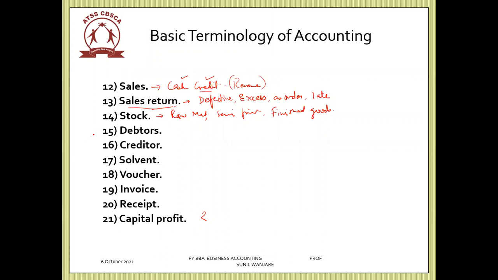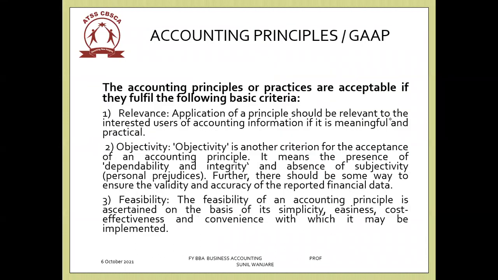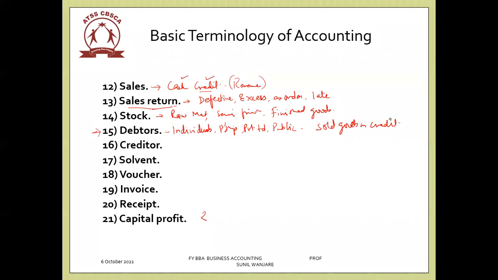Then we have debtors as the next concept that we have to learn today. What is debtors? Debtors are maybe individuals, maybe partnership firms, maybe private company, maybe public company, to whom we have sold goods on credit.